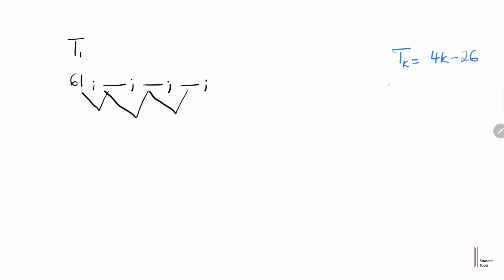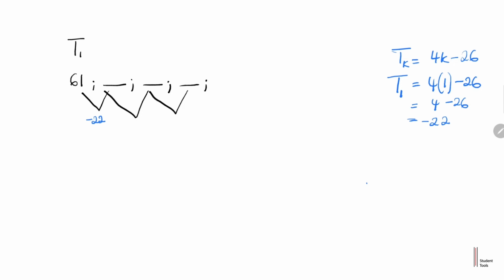So that means we will have term number 1 will be equal to 4 multiplied by 1, because we want the first difference of the first differences. So multiplied by 1 minus 26. So this will be equal to 4 multiplied by 1, that is 4, minus 26. So this is equal to minus 22. So that means the first difference is minus 22, the first difference of the first differences.